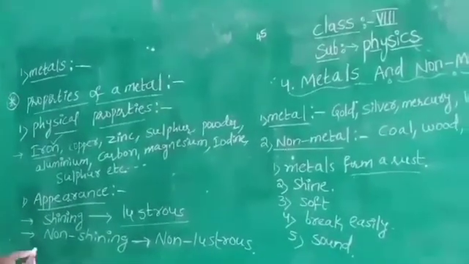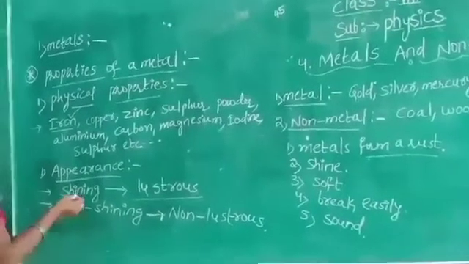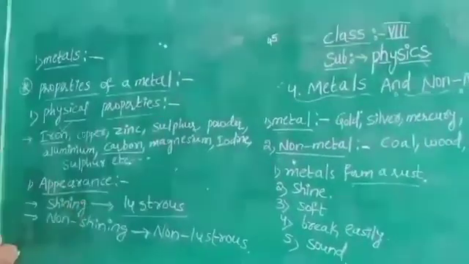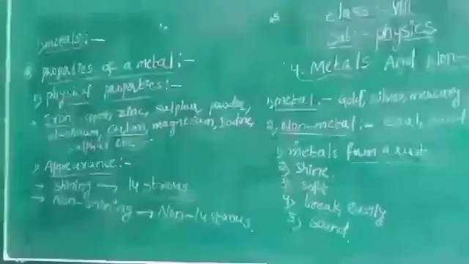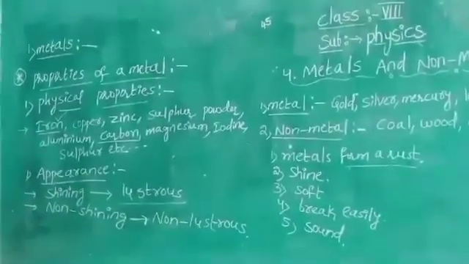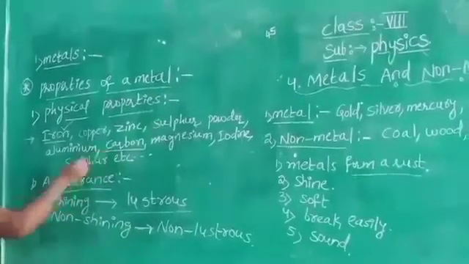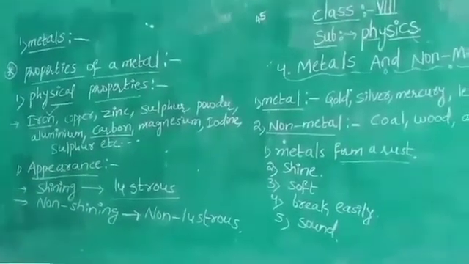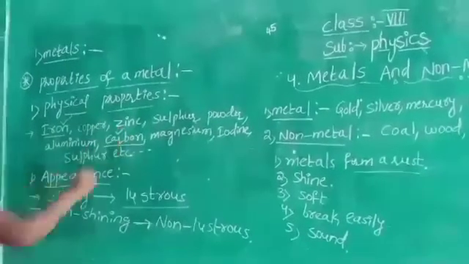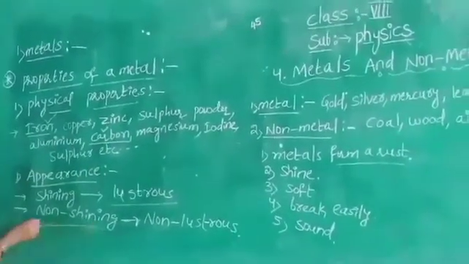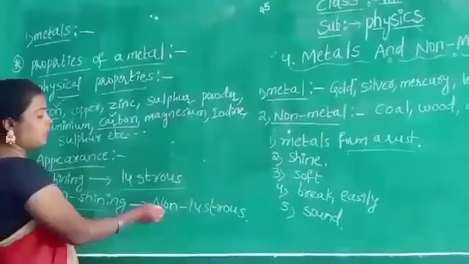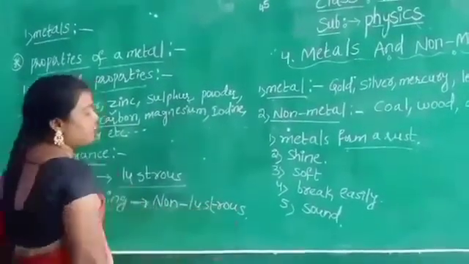For example, when we are exposing carbon material to the sunlight, this carbon does not shine. That's why this carbon material is called a non-shining material. Non-shining materials are called non-lustrous materials.